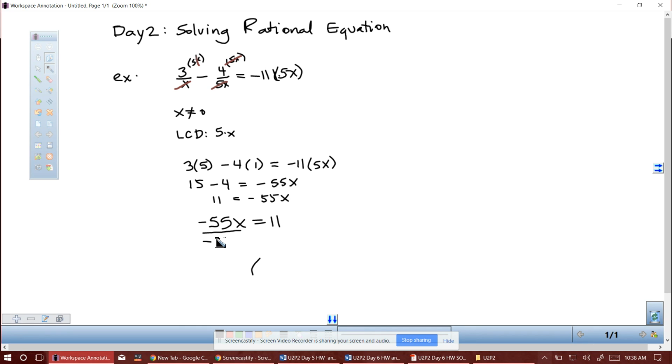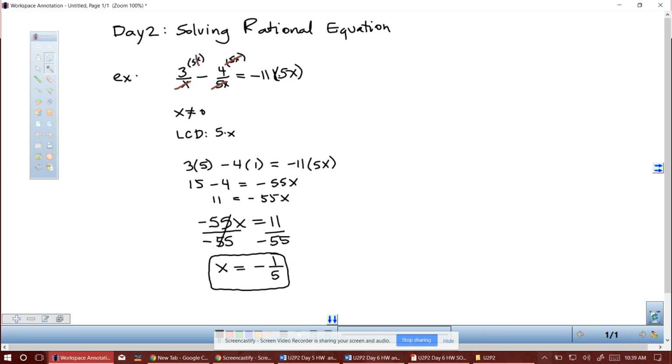I'll divide that by negative 55. And cross out, and I'll get x equals, let me erase that little straight mark right there, negative 1 over 5. Now, x equals negative 1 over 5 was not a restriction, so that will be my final answer.